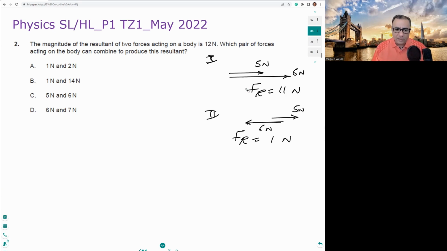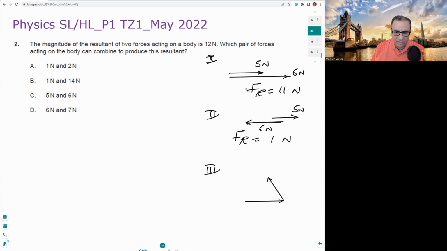So now the third option: if the two forces make some angle, a rotation angle like that. They don't have to be 90 degrees, whatever that angle is.